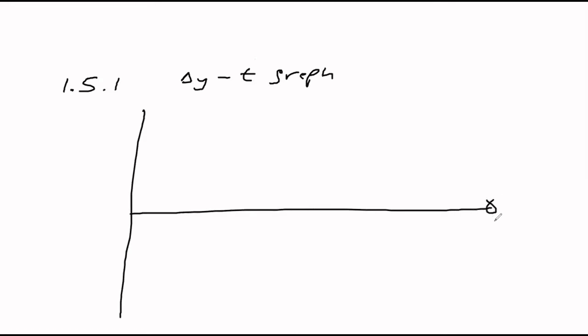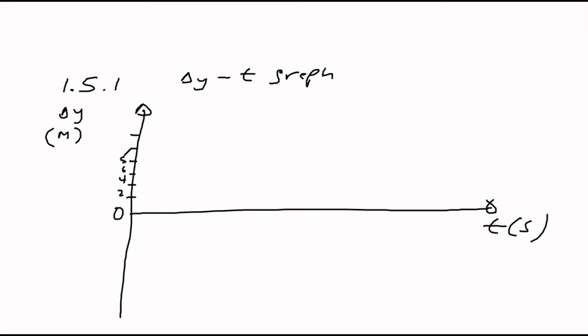1.5. We need to sketch. The first question is to sketch the position time graph. So along the x-axis, we have time in seconds, and along the y-axis, we have the displacement in meters. Okay, so the biggest value, of course, is 12, which is the height. So we can use a scale of 2. So 2, 4, 6, 8, 10, 12.